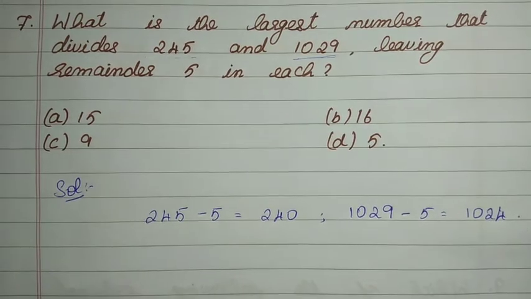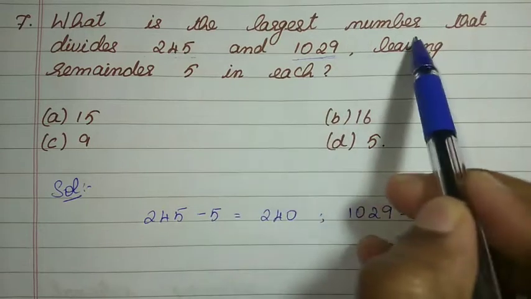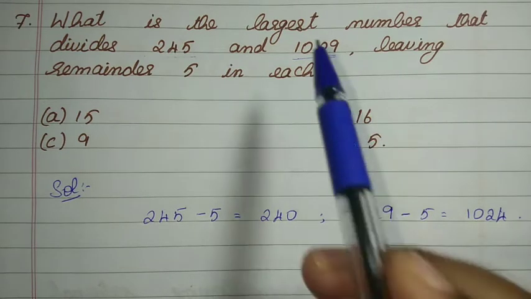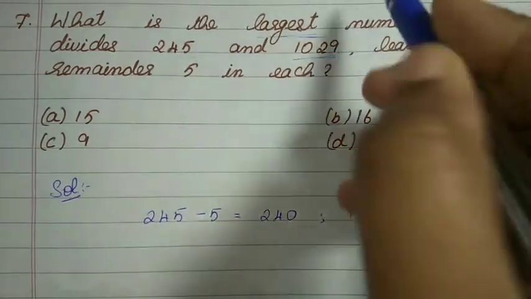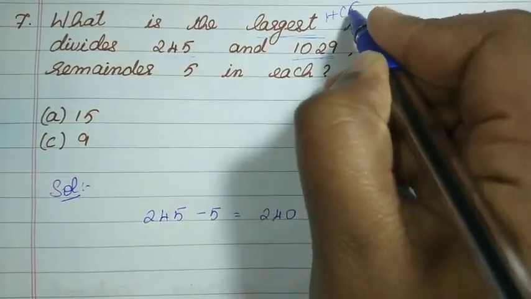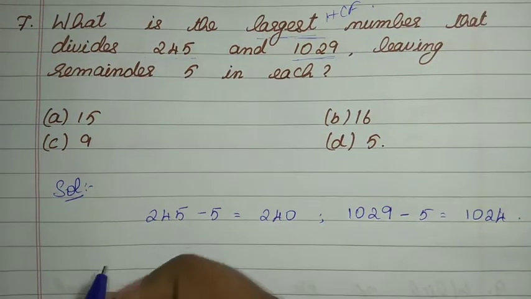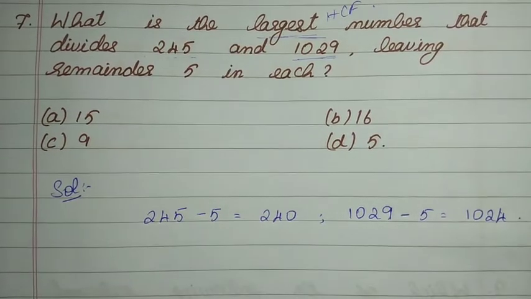Okay, so now I have to find the largest number that divides, that is a maximum number which can divide both these numbers. Largest means it is HCF. So we have to find the HCF for both these numbers. So let me have this as A and this as B.